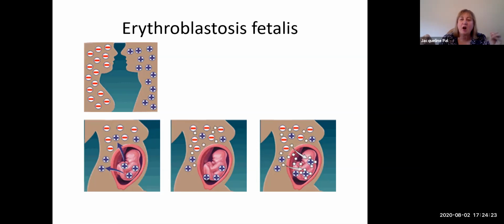Mom's anti-Rh or anti-D antibodies cross over and attack the baby's red blood cells, and the baby's red blood cells will then all die. Okay. And this disease has two different names. The first one's called erythroblastosis fetalis. This is not fatalis as in being fatal, as in killing. This is fetal as in a fetus, as in an unborn child.